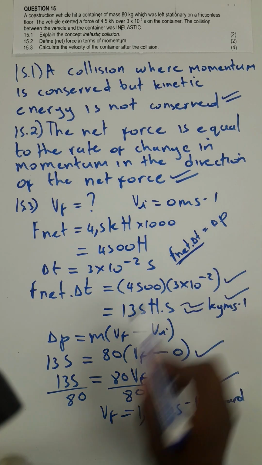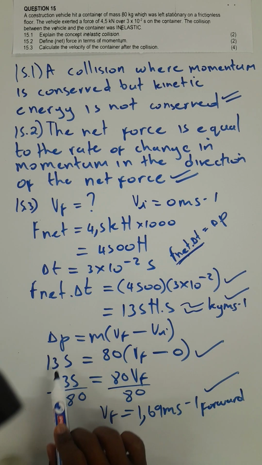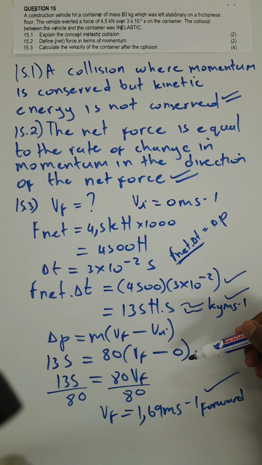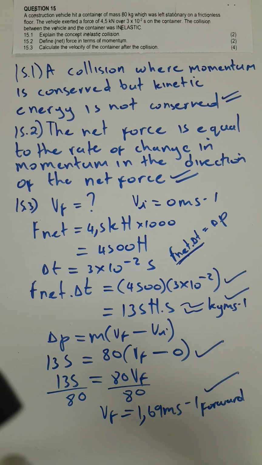We can substitute that impulse of 135 under change in momentum. We have a mass of 80, we are solving for final velocity, and an initial velocity of 0 because it was stationary before it was knocked off. Then we solve from there. So the key thing here was knowing that impulse is equal to change in momentum. Once we have calculated the impulse, then we have the change in momentum from that.